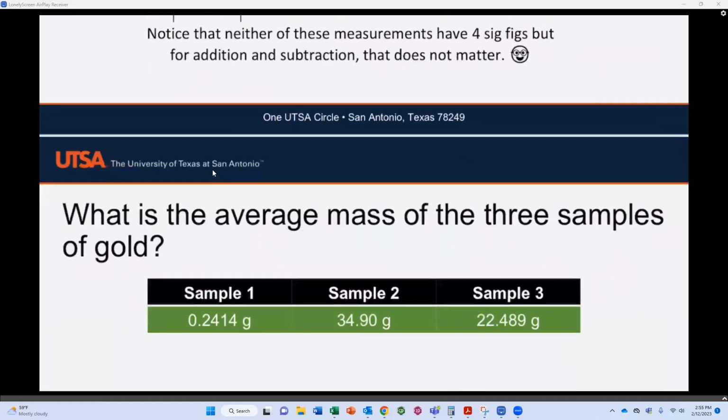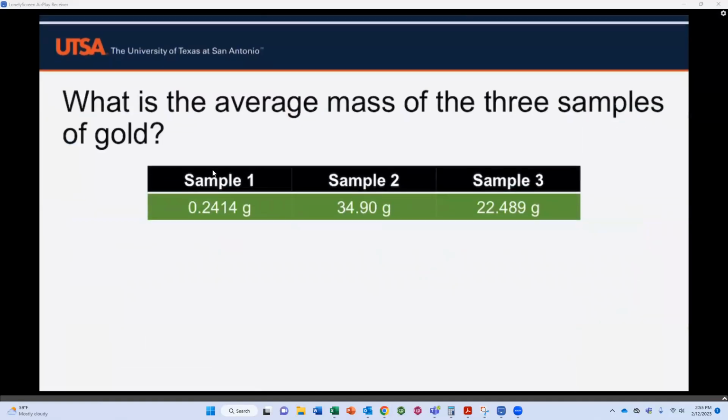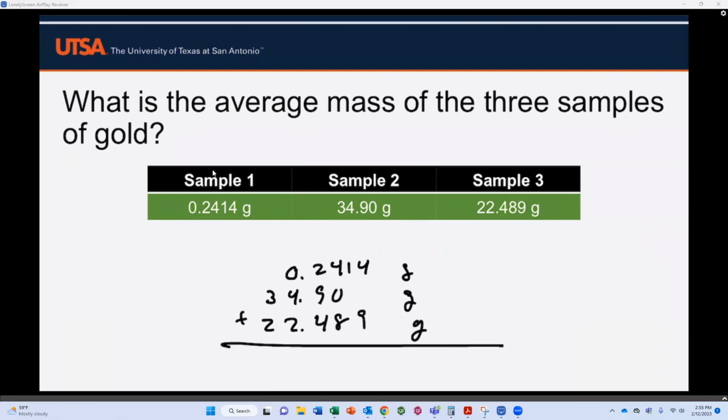What is the average mass of these 3 samples? So to get the average, I add all of them up and I'm going to divide by 3. So let's go ahead and do it. So I have 0.2414 grams, 34.90 grams, and 22.489 grams. I'm going to add all those together. I'm going to take a quick mental note.